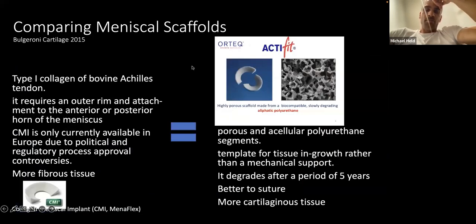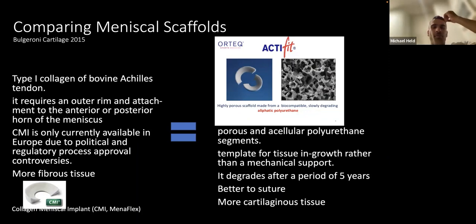So these are the two patches that are available at the moment in Europe. One of them is called the CMI, and the other one is called the ActiFit. And they've got different properties.